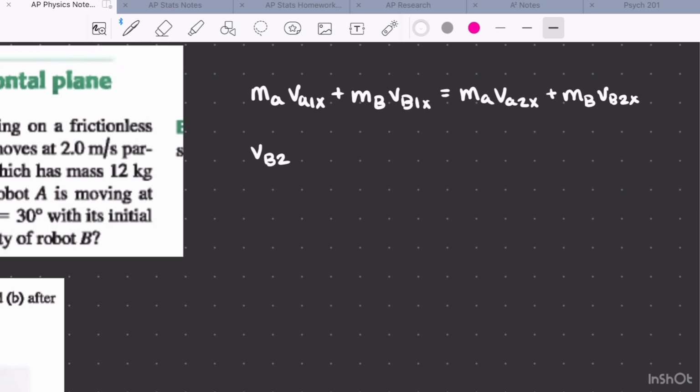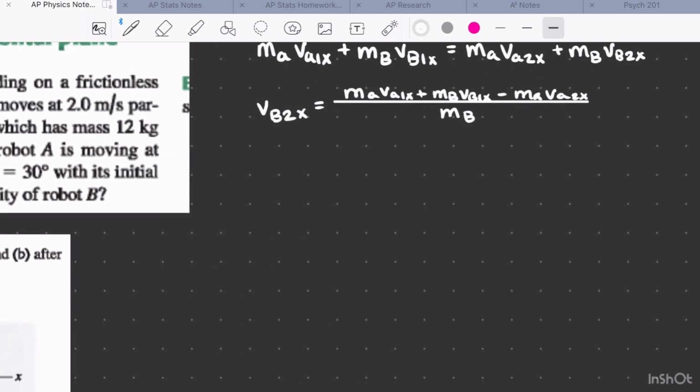Then we have to isolate the final velocity of the second robot, and that is going to be equal to the mass of robot A times the initial velocity of robot A, plus the mass of robot B times the initial velocity of robot B, minus the mass of robot A times the final velocity of robot A, divided by the mass of robot B.